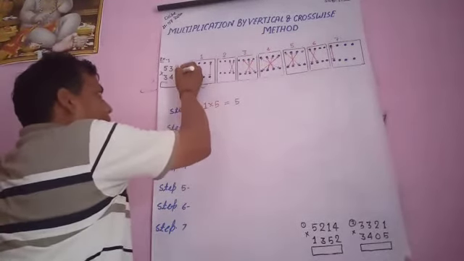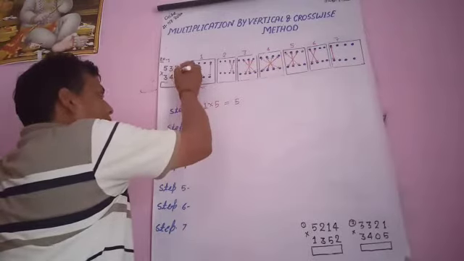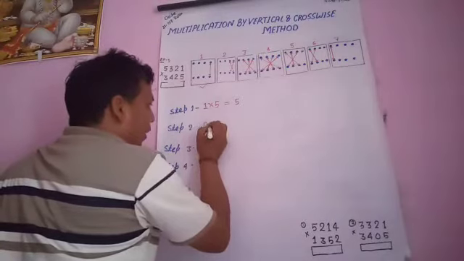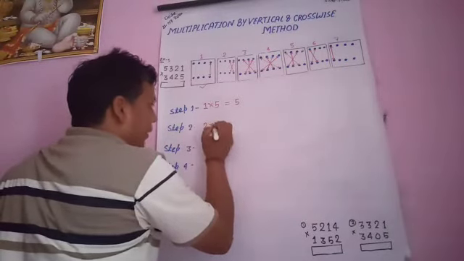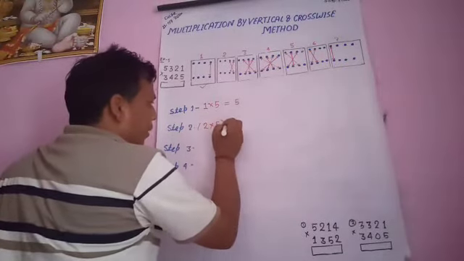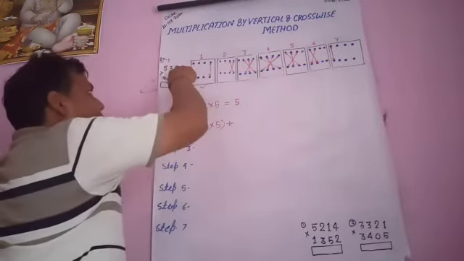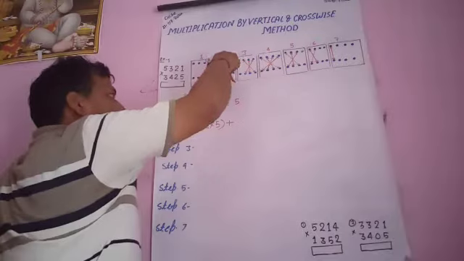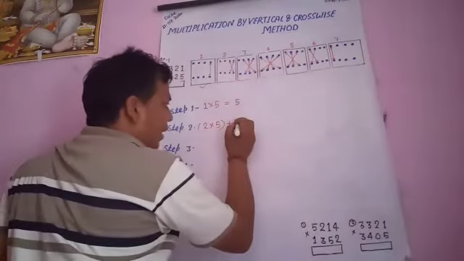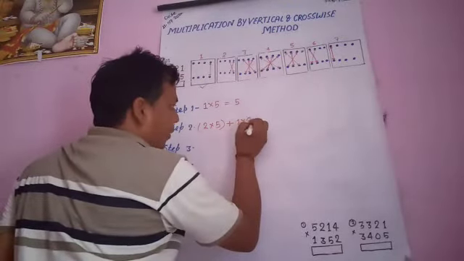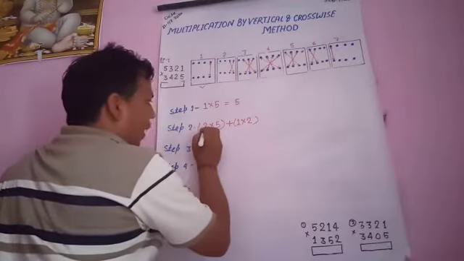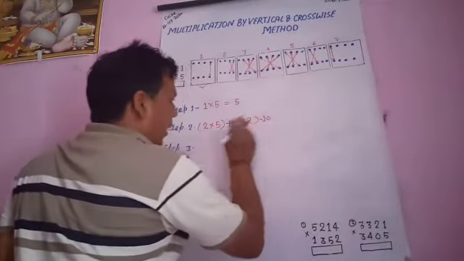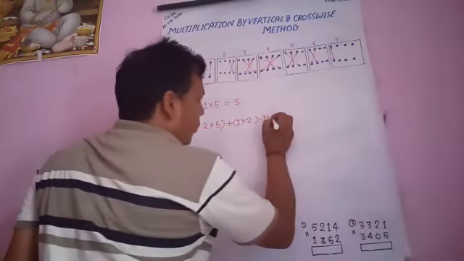Second step, in this number multiplication, in this 2 and 5. So 2 into 5 plus 1 into 2. 5 twos are 10 and 1 two is 2.